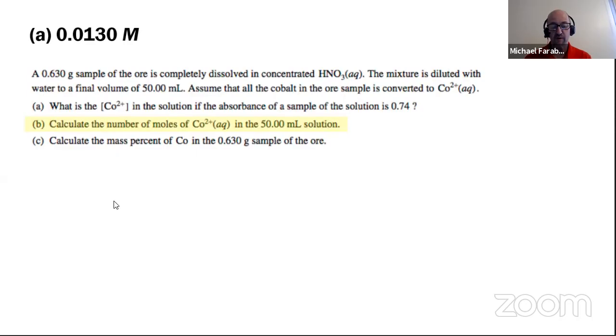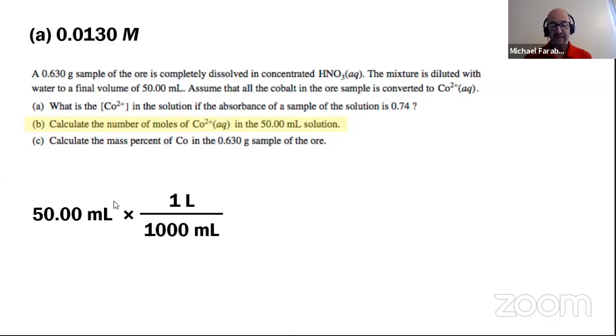So based on our answer to part A, let's move on to part B so we can calculate the number of moles of cobalt, the cobalt 2+ aqueous ion, in this solution that has a volume of 50.00 milliliters. Well, we know that since molarity is moles per liter, we're going to use our answer to part A as a conversion factor to convert from liters to moles. Of course, we should also know from the metric system that there are 1,000 milliliters in a liter.